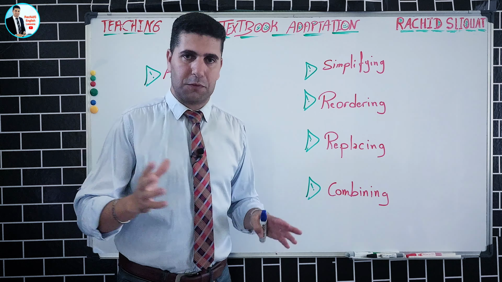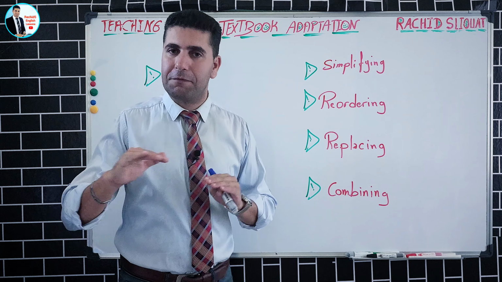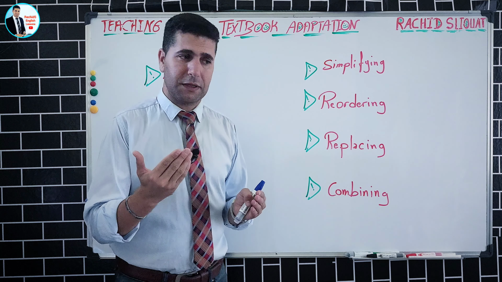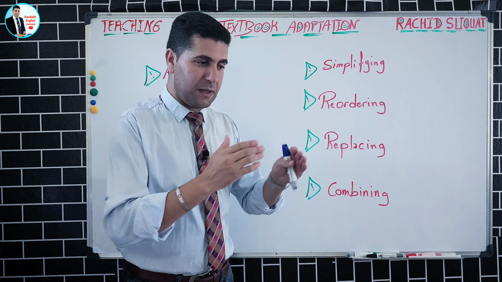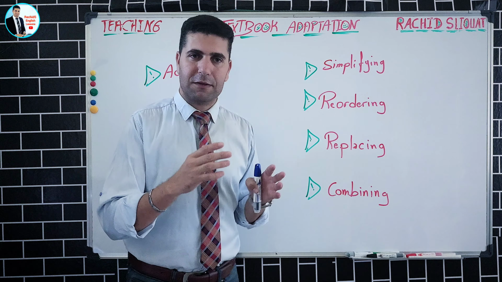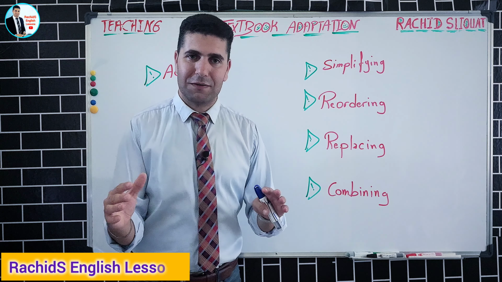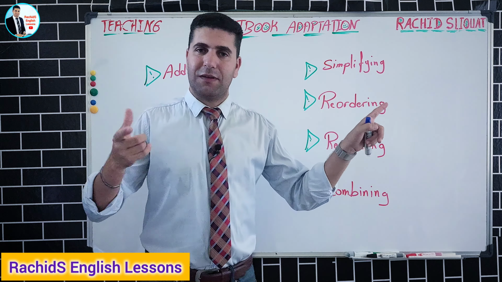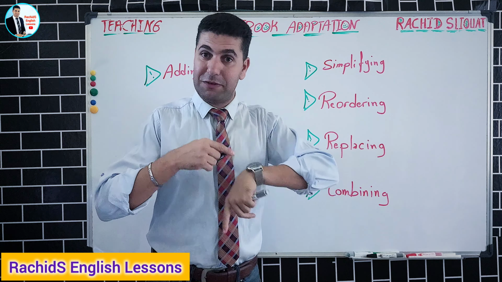For sure, the adaptation of textbooks depends on different reasons. For example, it can be student level. If you come across a certain language item, a component, or a text that is beyond your student level, we adapt our textbook. Sometimes time can play a role in adapting a textbook.